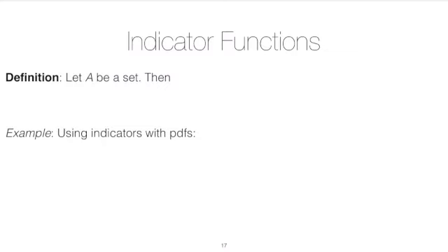A is just some set, and we'll say that the indicator function over A as a function of x will be 1 if x is in A, and 0 if x is not in A. So it's a simple idea, and it just makes the writing down of PDFs quite a bit easier.